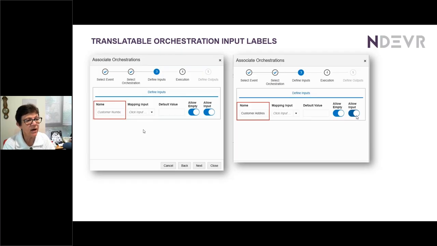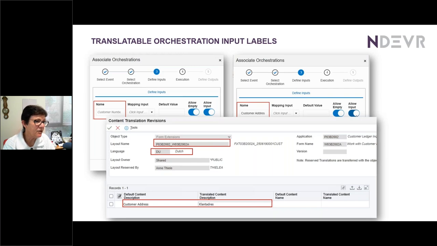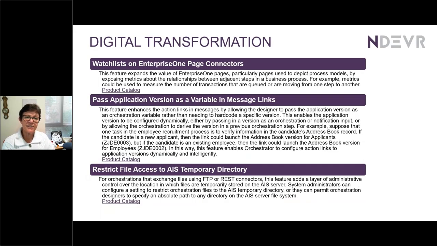Okay, but now in addition to that, you can define a translation for that form request. So in this case, if the language is Dutch, we're translating it to client address instead of customer address, for example.